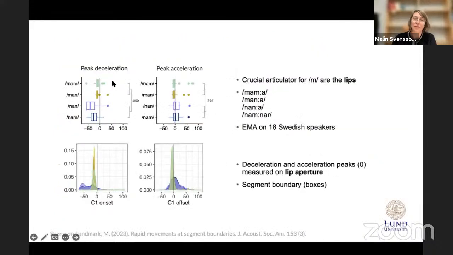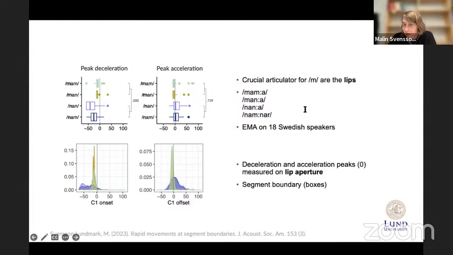So let's see if the same pattern holds for lips. We find the opposite pattern for the lips. If we measure the acceleration peak and deceleration peak on lips, we find in mamma and manna a good alignment between the deceleration peak and the onset of the segment, and good alignment between the acceleration peak of the lips and the offset of the C1 segment.